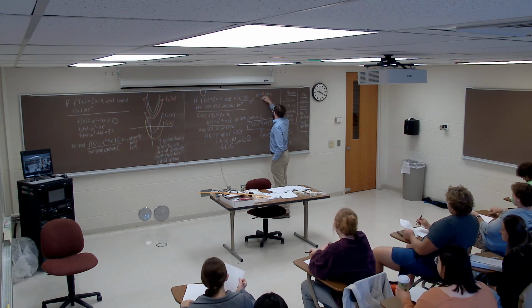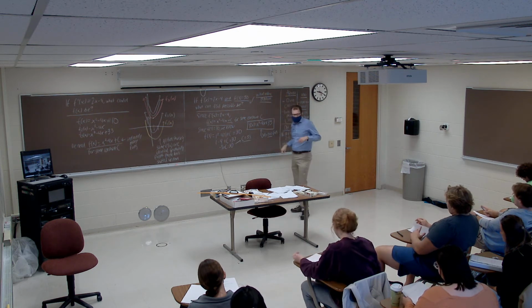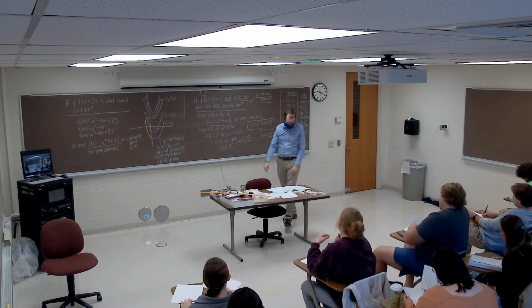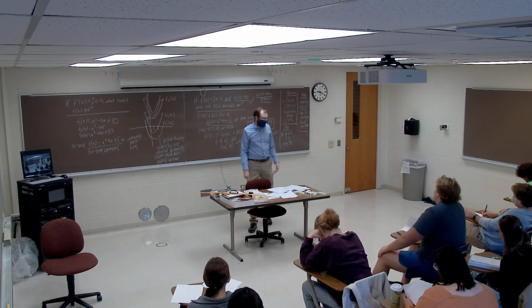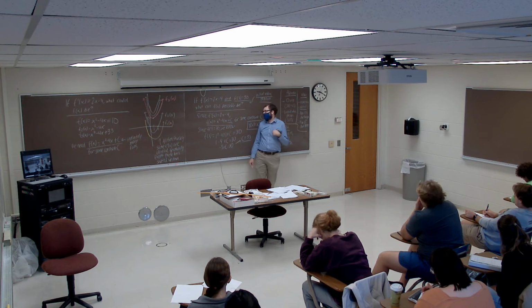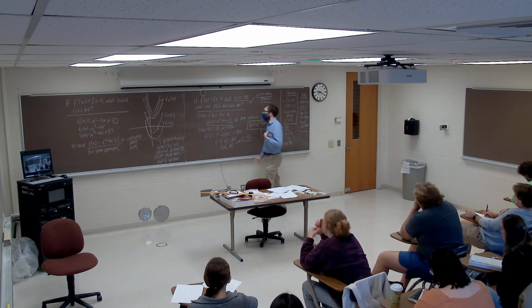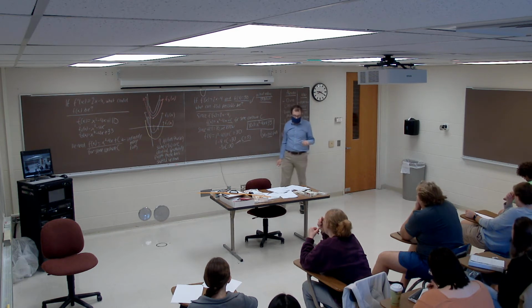I think I wrote in your packet up at the top of the front page, where an initial value problem is basically one where we're given information about the derivative of f of x. In this case, we knew what f prime of x was, and we're given what's called an initial value.